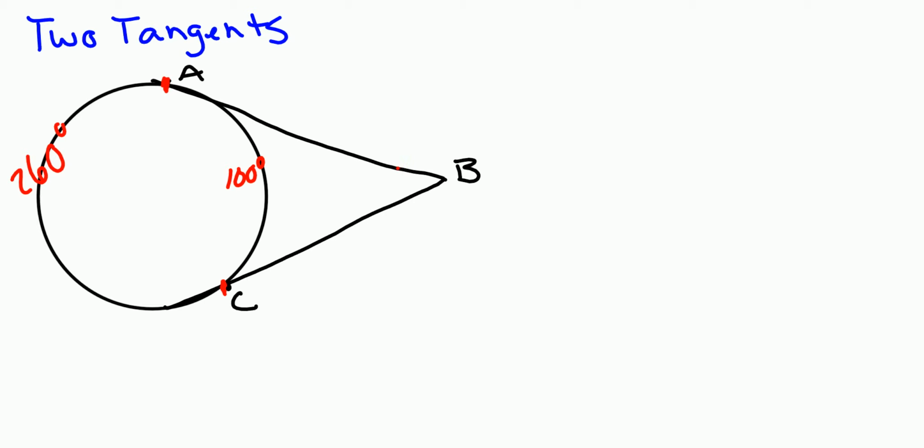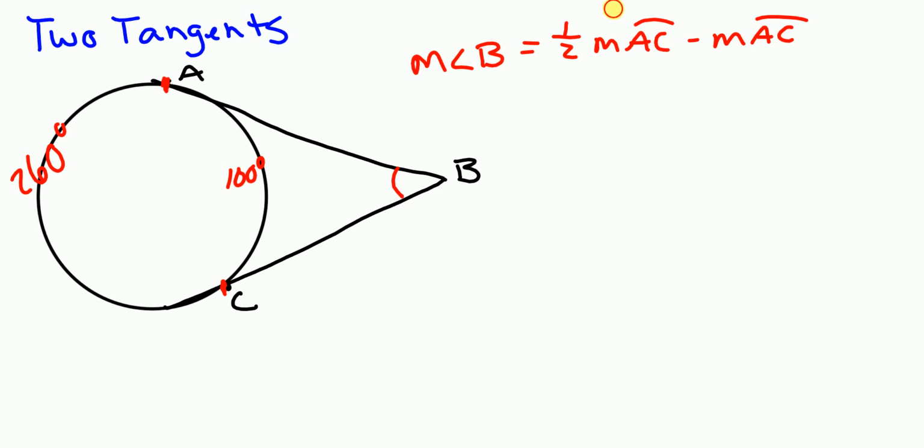We can find what this angle is here, because the measure of angle B is equal to 1/2 the measure of arc AC.